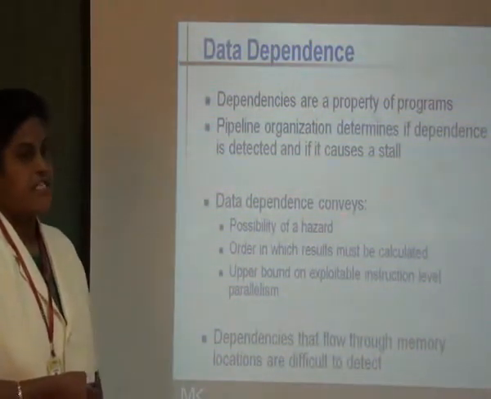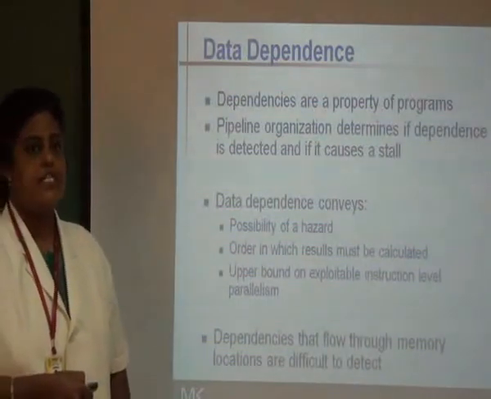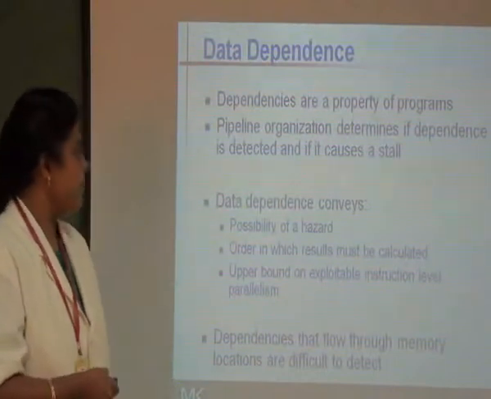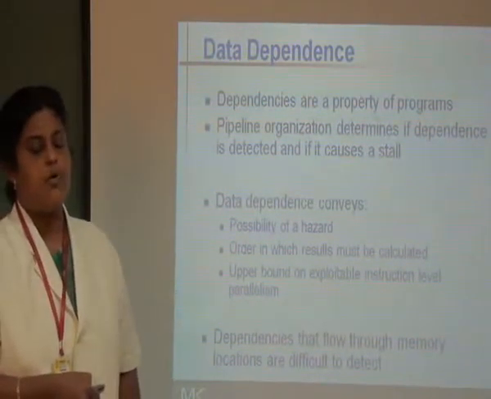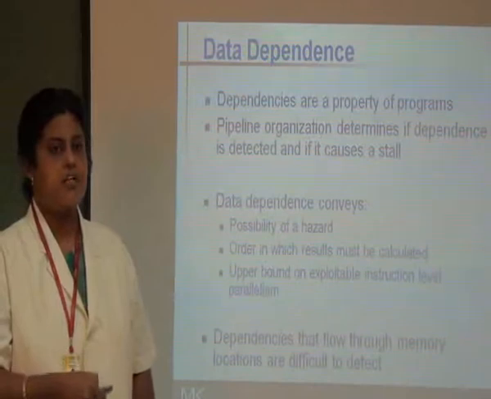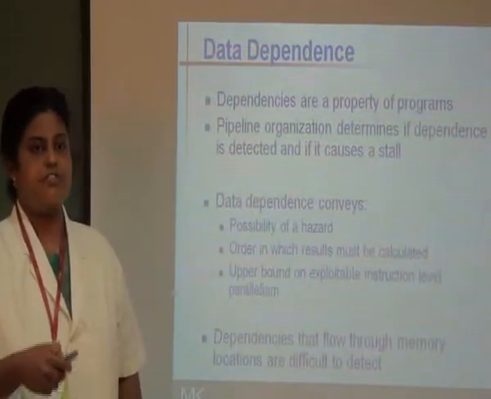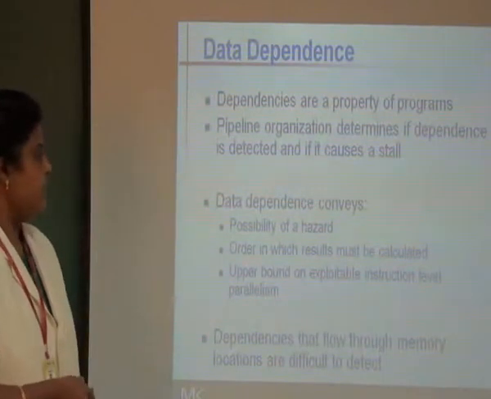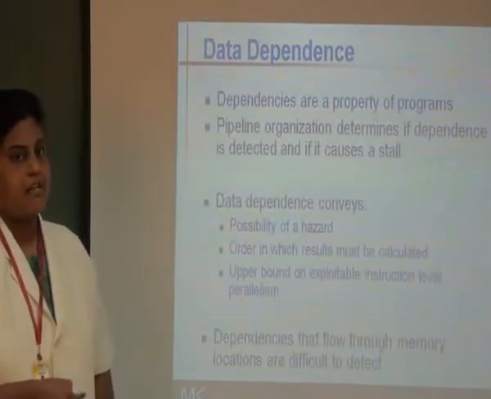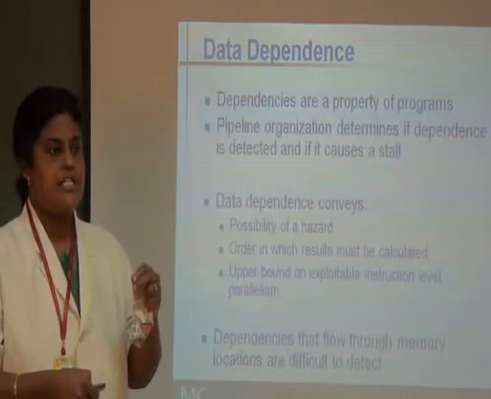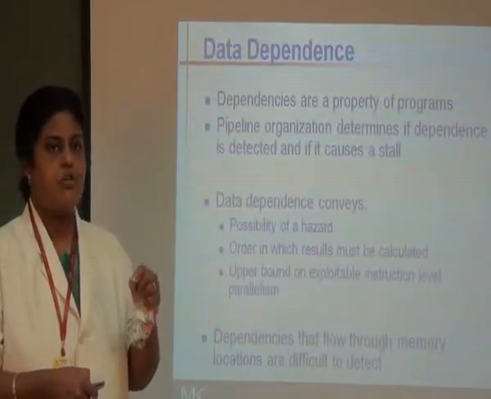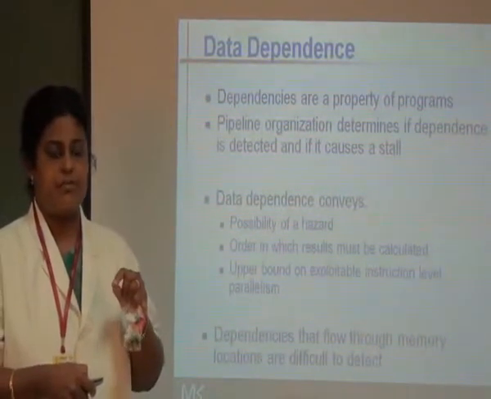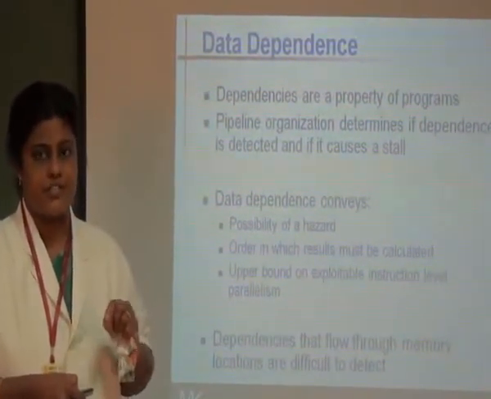Data dependence conveys the possibility of a hazard, which is always possible at later stages of execution of a program, and then the order in which the results must be calculated. That is, the result of execution of instruction I should be available before the execution of instruction J.